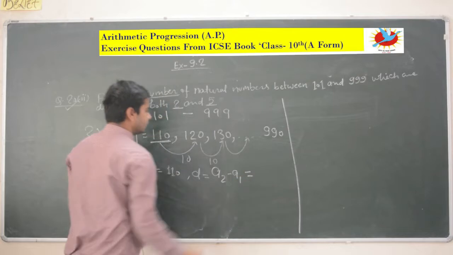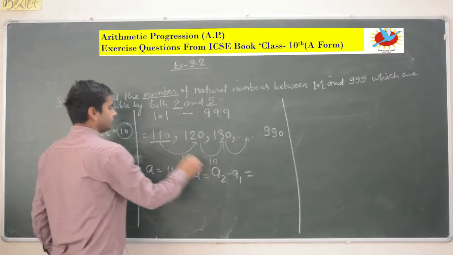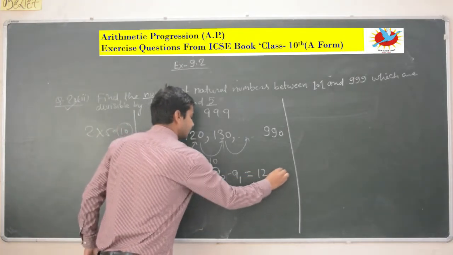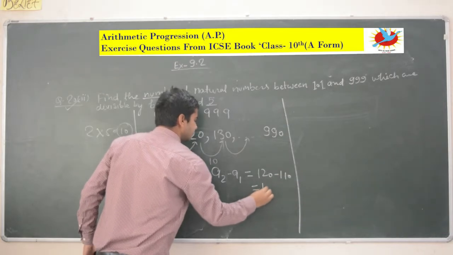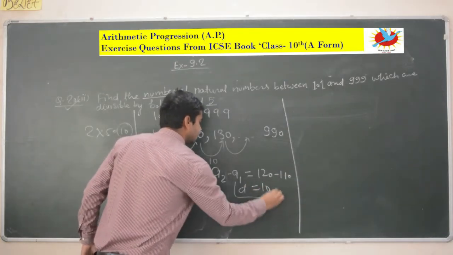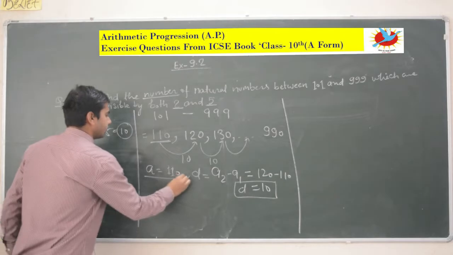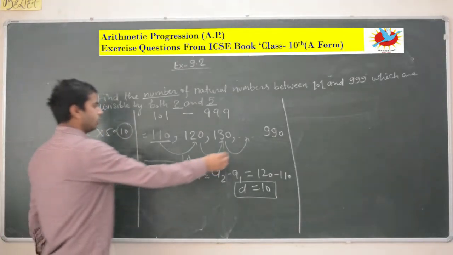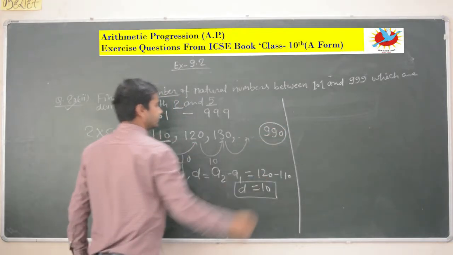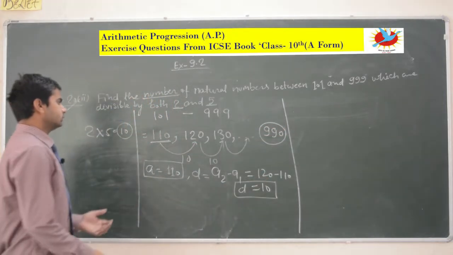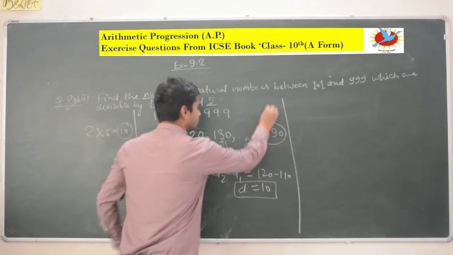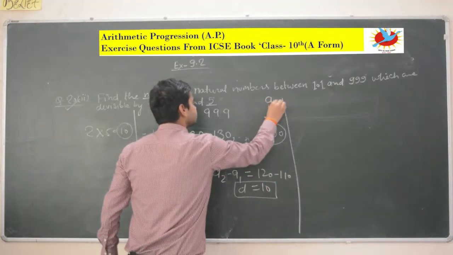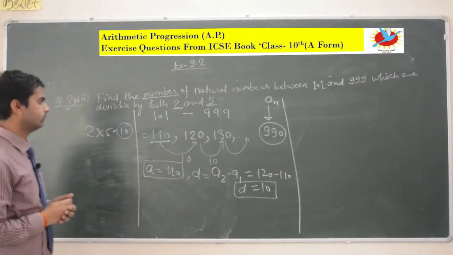So here D will become 120 minus 110, that is 10. So we got the value of D as 10 and the value of A as 110. And the last term we already know, the last term is 990. So assume this last term is the nth term, and we have to tell the value of n.